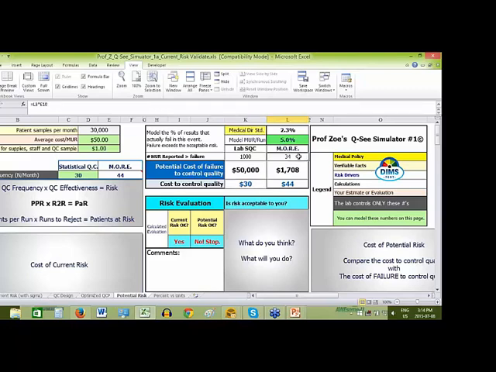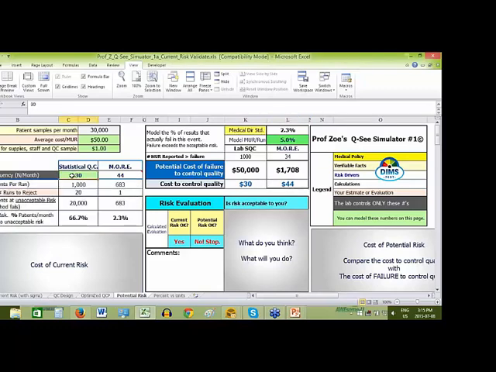With the mathematical process, there are 34 patients, less than $2,000, but it costs you $14. The number of times that you run the QC determines the patients per run. So we have 1,000 patients per QC run, and we're taking 20 runs for a reject.